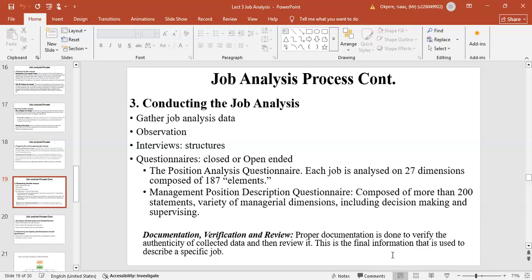The first is to gather the data using interviews, observations, and questionnaires. Remember, those people that we gather the data from are the employees and the management; they need to give me the data.